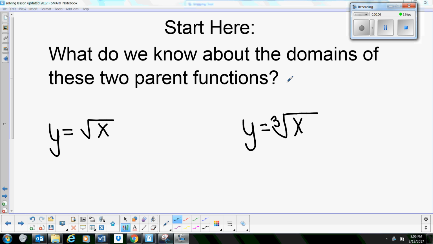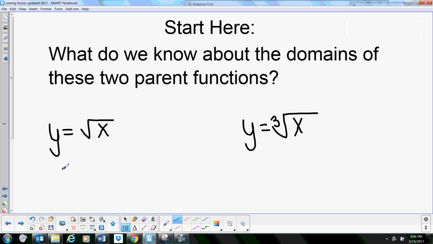Here we go. We're going to talk about solving radicals today. So, what do we know about the domains of these two parent functions that are listed? Well, hopefully you're looking at the one on the left and thinking, okay, I know that the domain has to be from 0 to infinity because we cannot have any negatives under a radical.